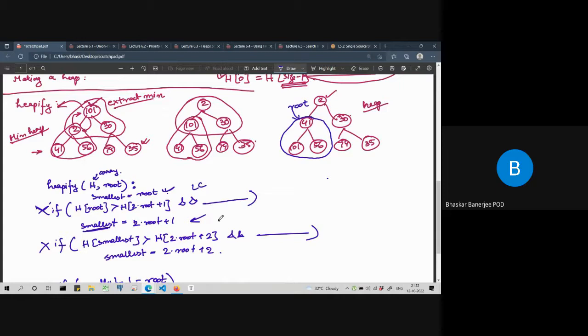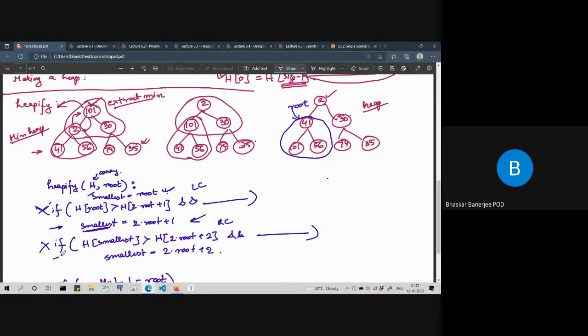This is your right child comparison. So you do the left child comparison, the first if statement, you see 41 is lesser than 101. So that means the root node is lesser than 101. So this would be a false case. The if statement couldn't be true. So the if is not executed, so at this point, smallest is equal to the root only, the initialization.